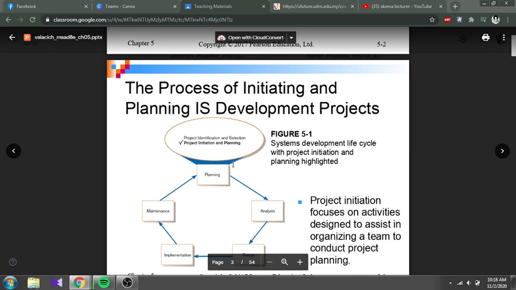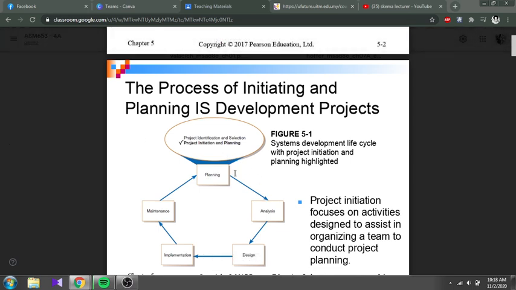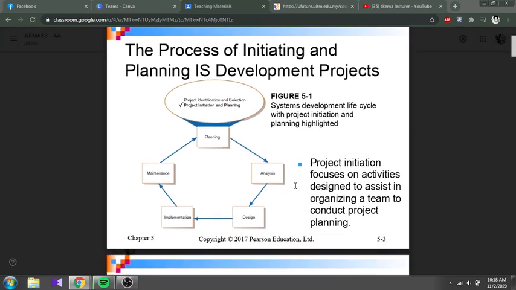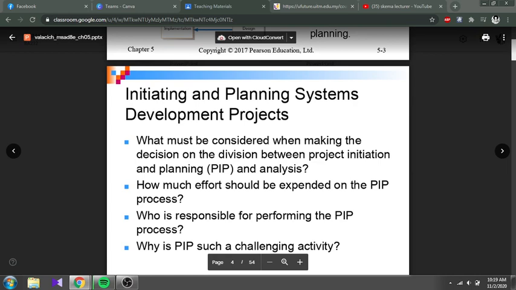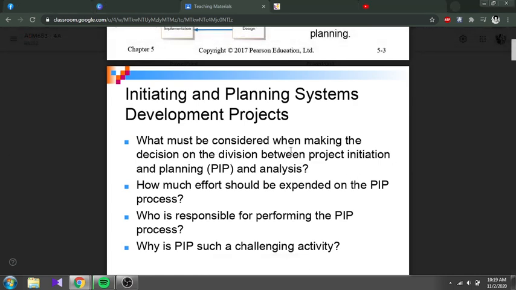In the next section of project initiation and planning, there are numerous activities and questions that must be answered. What must be considered when making the decision on the division between project initiation and planning? We can use the abbreviation PIP for project initiation and planning, and analysis.